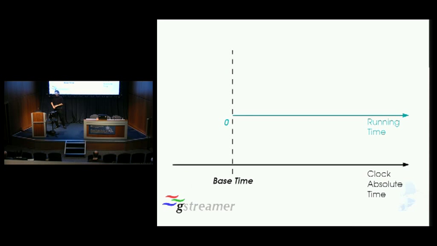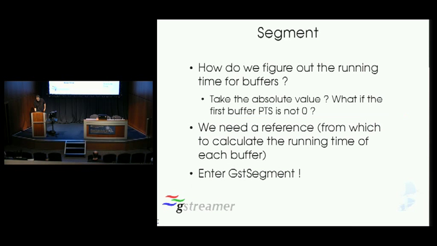Do I wait for the clock to have gone through 2 hours before it starts synchronizing and displaying? No, I actually want it to start displaying straight away. So we need a reference from which we can calculate the running time at which that buffer should be displayed.